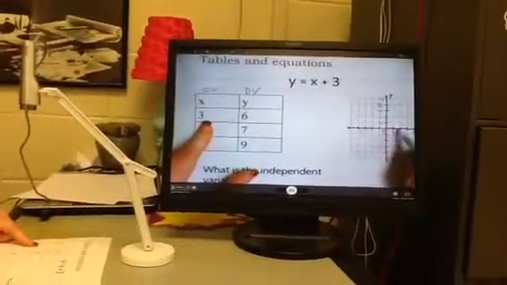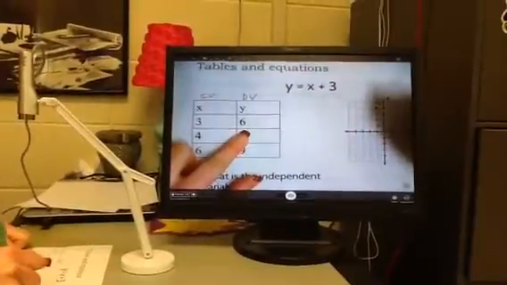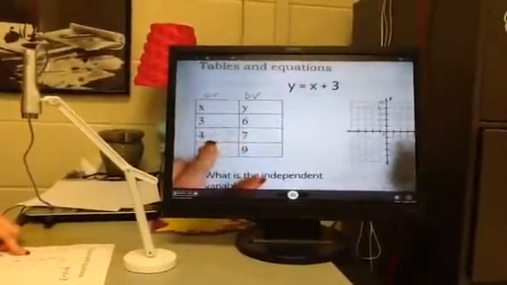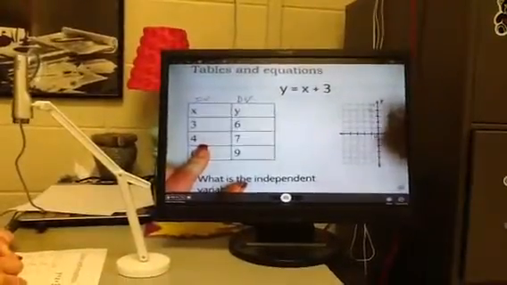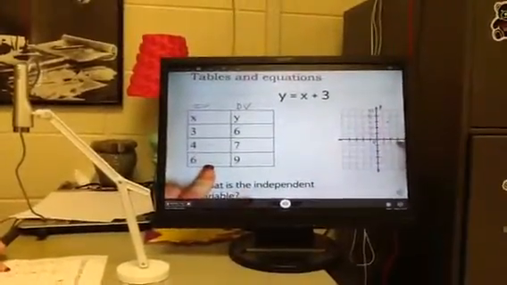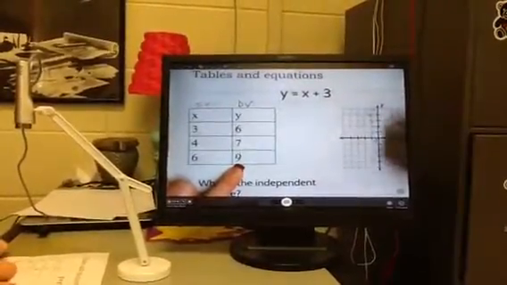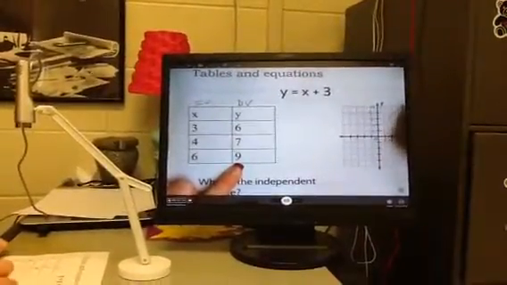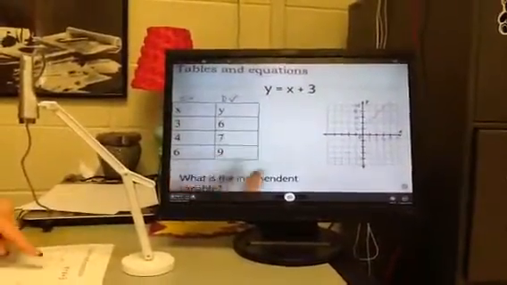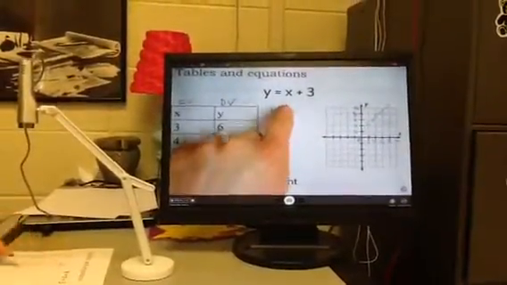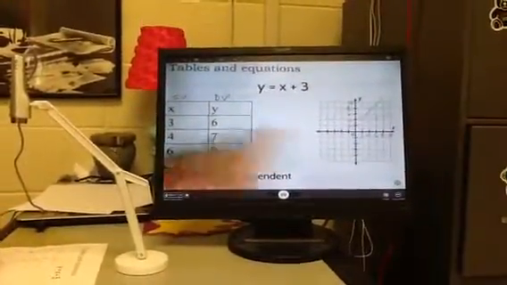So I can go over to the 3 and up to the 6. Over to the 4 and up to the 7. Over to the 6 and up to the 9. I can also connect those. So now I have graphed my equation from my table of the independent and dependent variable.